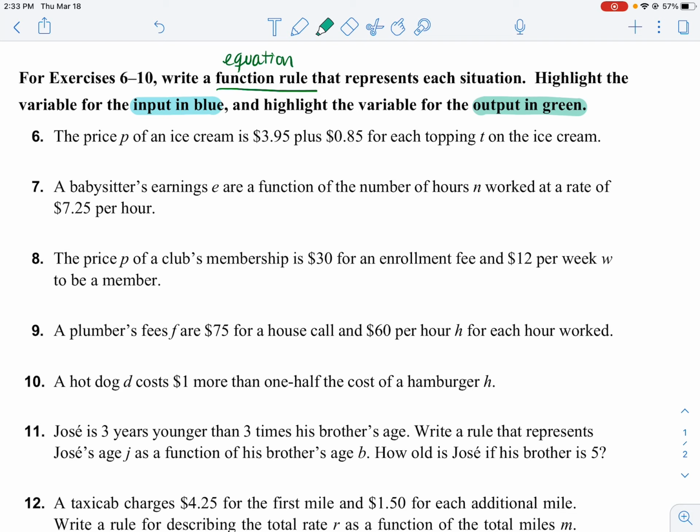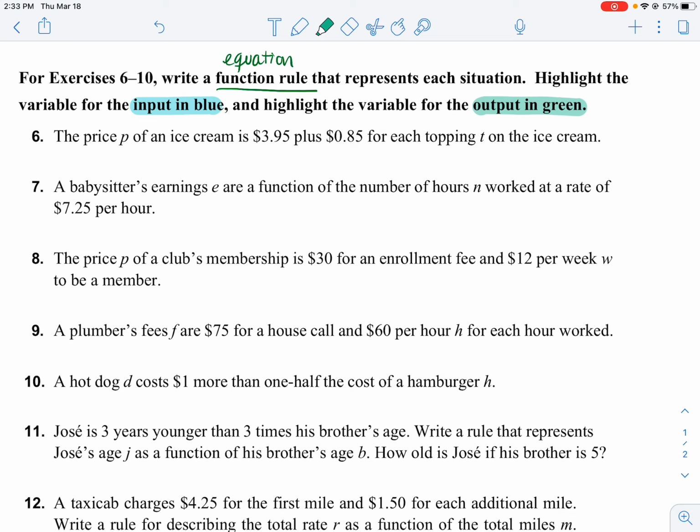Does the price depend on the toppings, or do the toppings depend on the price? All right. So think about which one is dependent upon which. I think the price of our ice cream, how much we have to pay, is going to depend upon how many toppings we want to purchase.